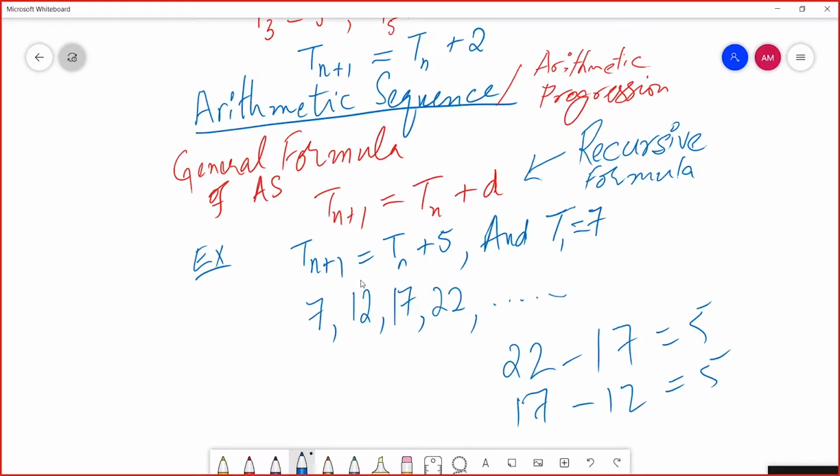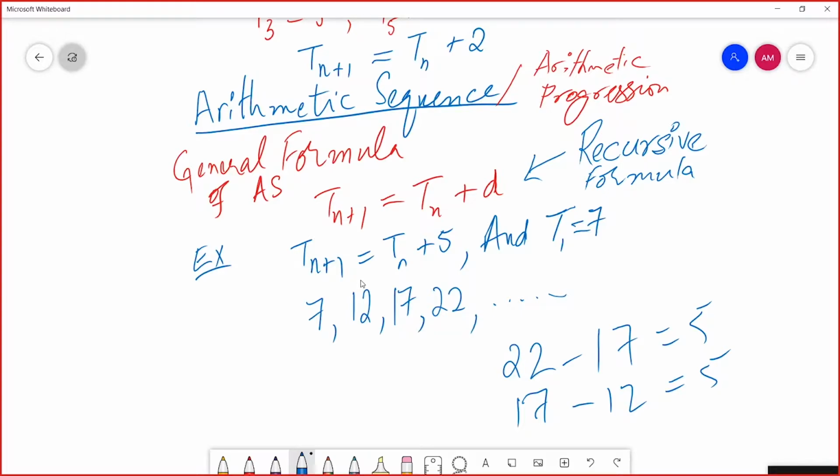In some questions, they don't give you D. Rather, they give you two terms, and then you have to find D. So D is the difference between any two consecutive terms, right?